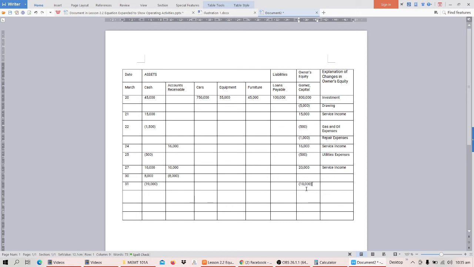So 10,000 for the rent expense. Okay. And 9,000 for your salaries expenses.